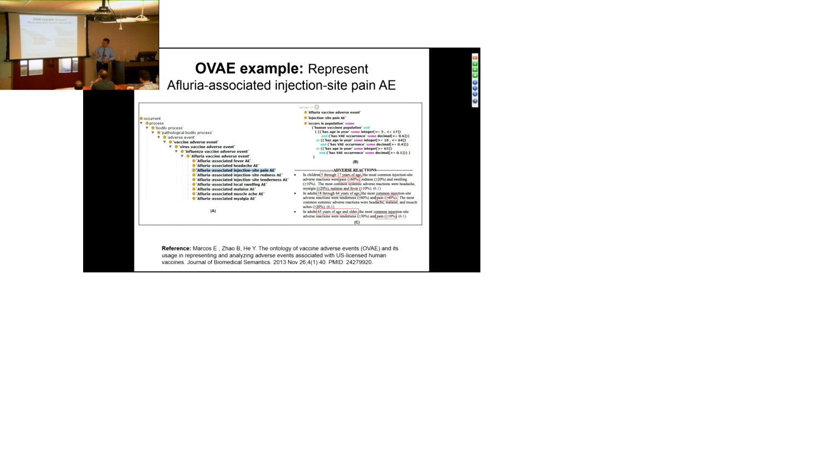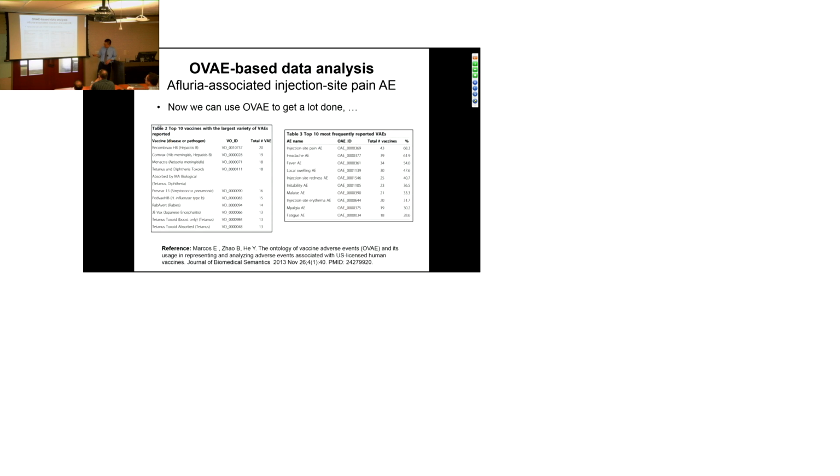We did this with all the vaccines using this strategy, and then we can do a lot of analysis and get a lot of insights. We can make some very quick queries, just a few lines of SPARQL probably, to find the top 10 vaccines with the largest variety of adverse events.